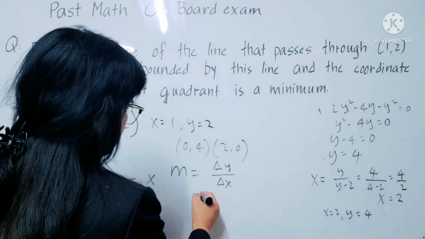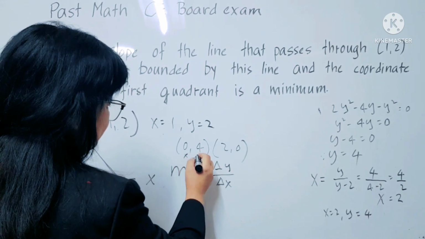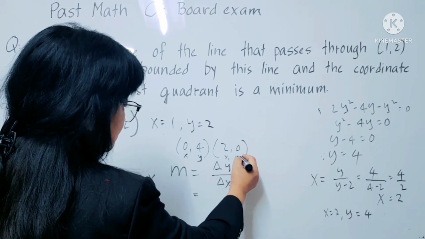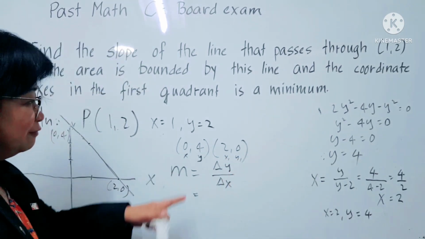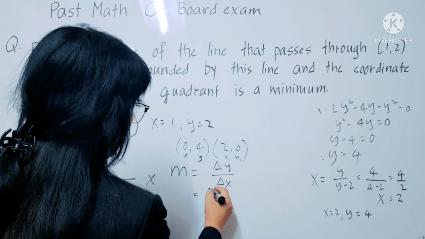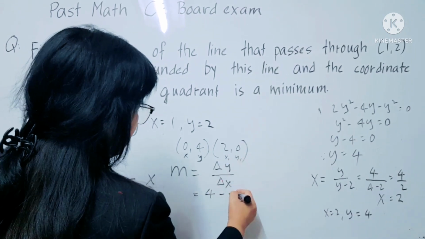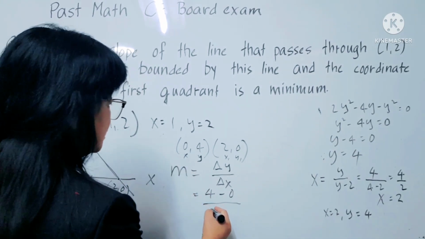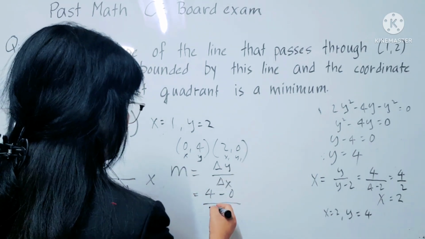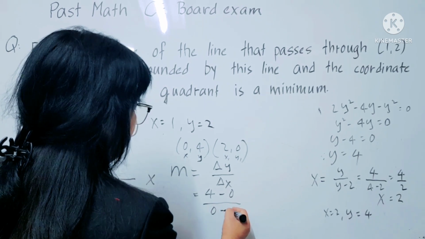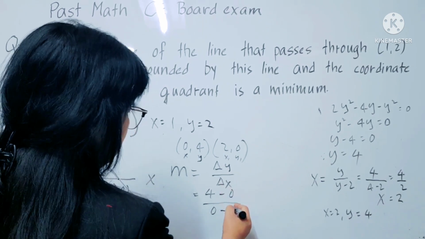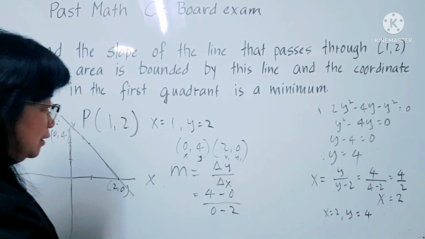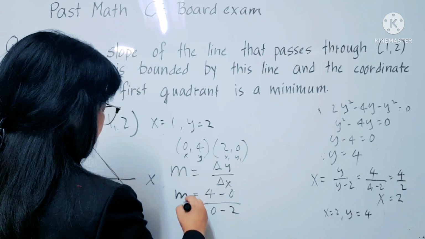So this is our x1, y1. We have y, which is 4, minus y1, which is 0, over x, which is 0, minus the x, which is equal to 2.